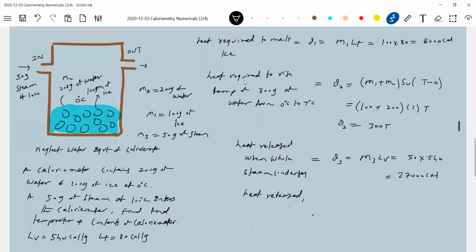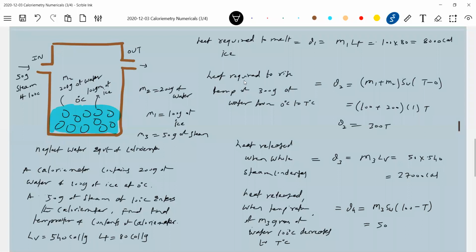Heat released when the temperature of M3 grams of water at 100 degrees Celsius decreases to T degrees Celsius, I'll write Q4. So what should this be? M3 times specific heat of water times (100 minus T). M3 is how much we know? 50. Specific heat of water, (100 minus T).